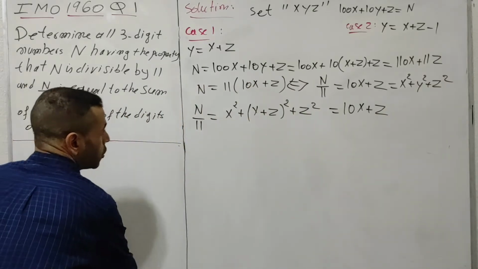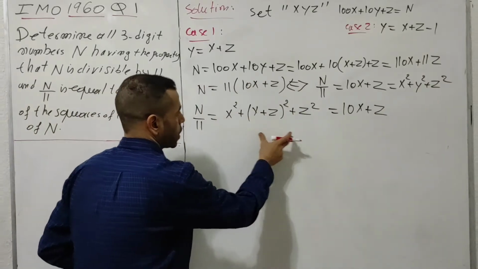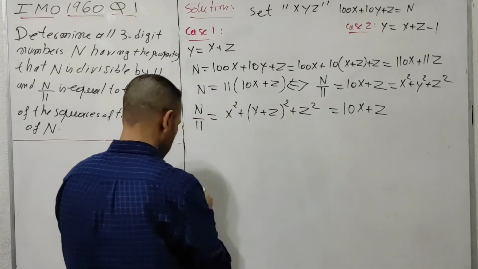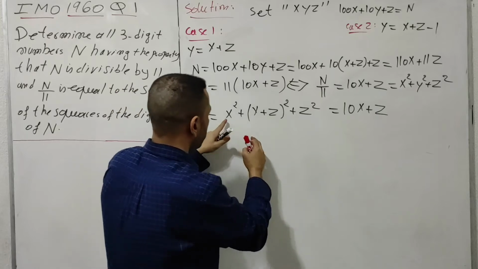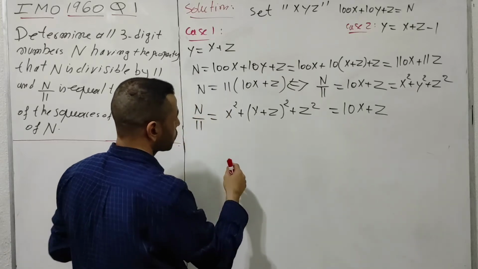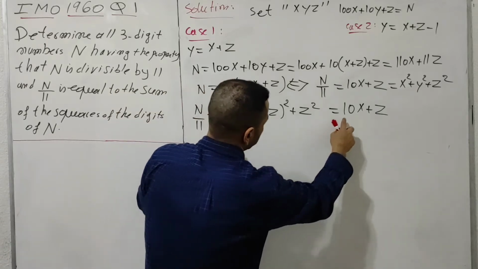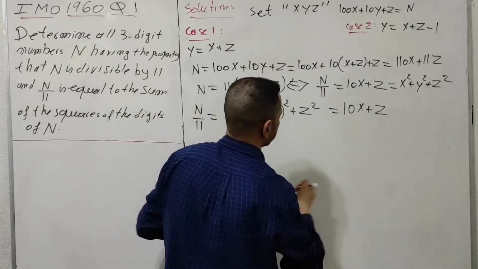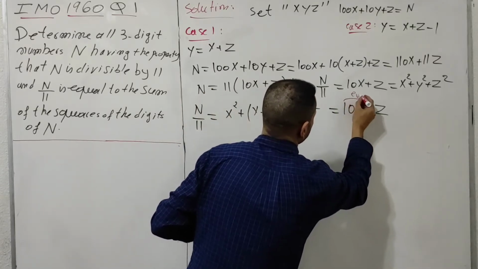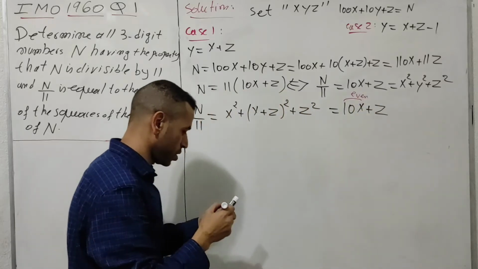If you take a look carefully at both sides of this equation, let's consider x. 10x is always an even number, whatever the value of x and z.